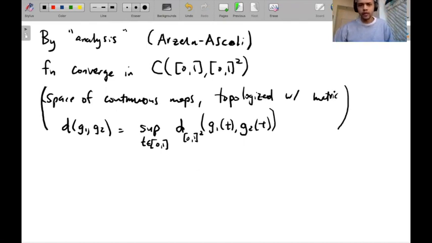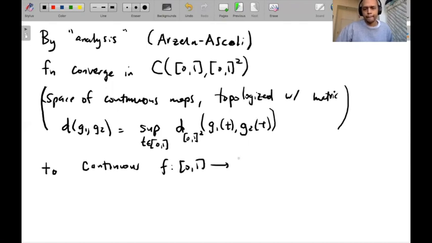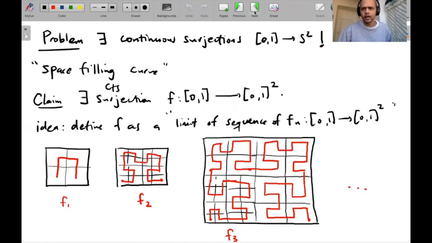So convergence in this space, so they converge to some continuous function like this. And the claim is that this F is surjective. Okay, so I just realized that now I have a claim within a claim.